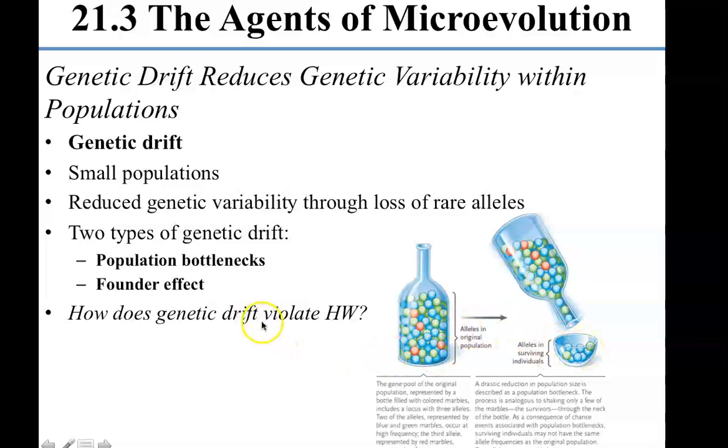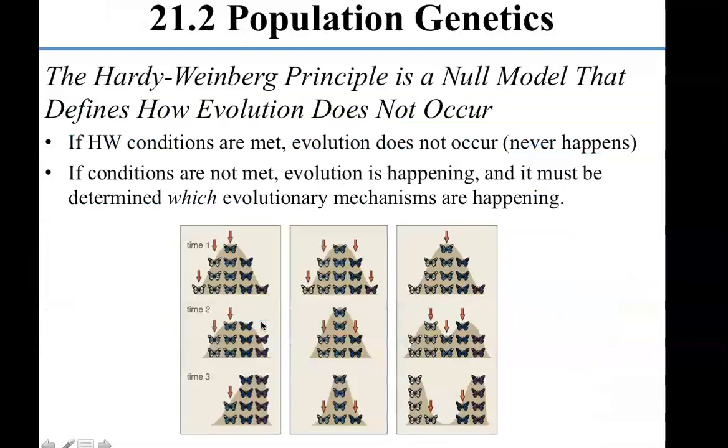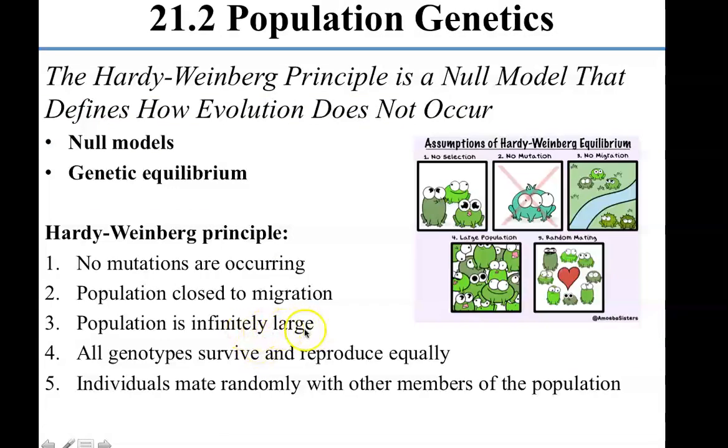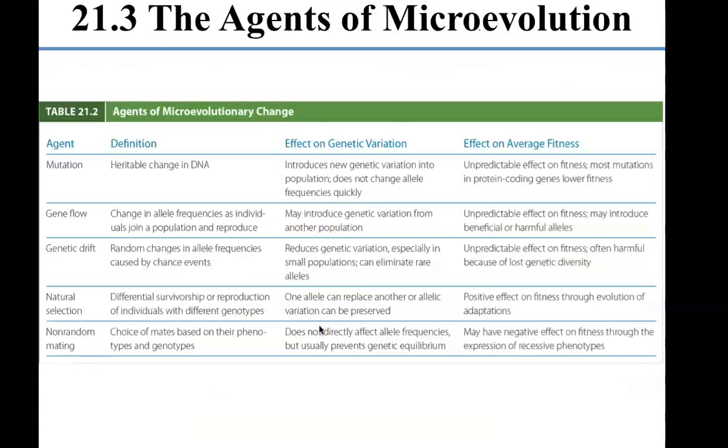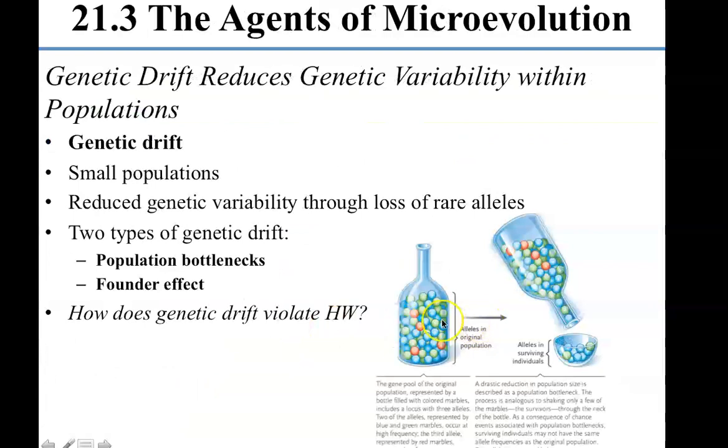All right, and how does this violate Hardy-Weinberg? Let's go back. So the population has to be infinitely large for chance occurrences to not change allele frequencies. And so here we have a finite population both in the beginning and in the end. So this chance event has caused allele frequencies to change.